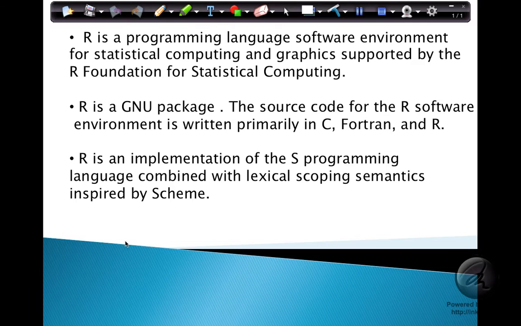R is an implementation of the S programming language combined with lexical scoping semantics inspired by Scheme.